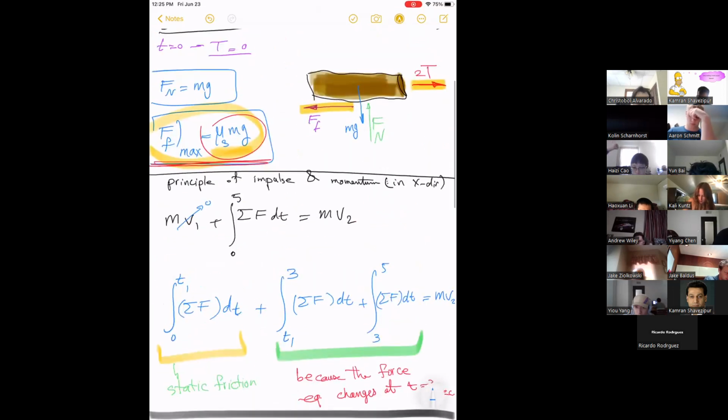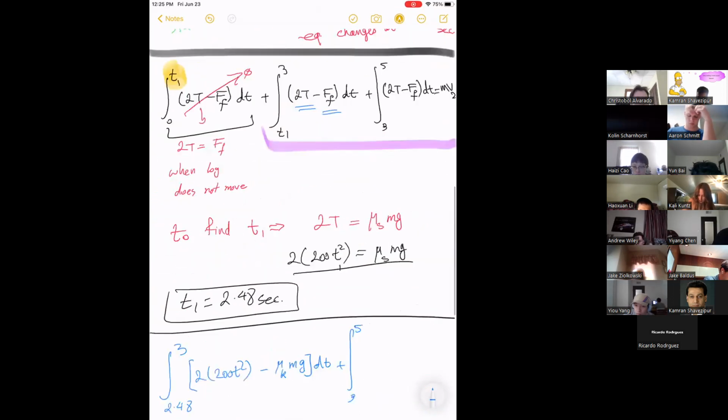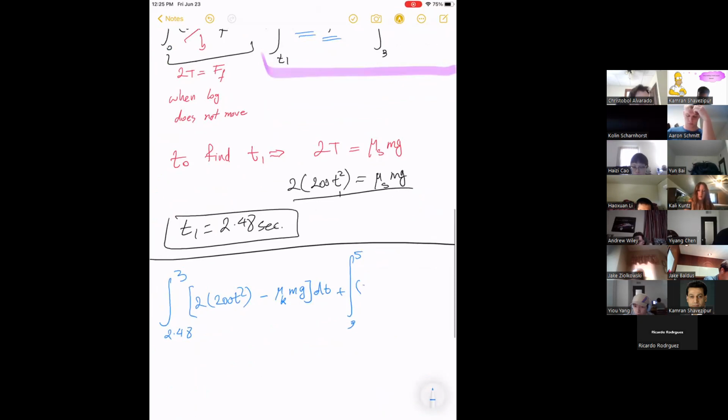Then from 3 to 5, we are in this region, the constant tension force of 1800. So you get 2 times 1800 minus mu k mg dt, and this is equal to mv2.